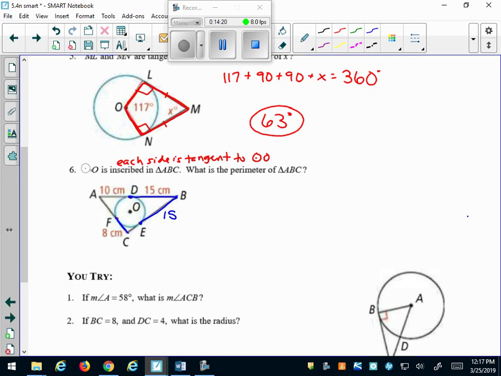F to C is the same distance as C to E, so we can label that 8. And then A to D is the same distance as A to F, right? So if I mark congruences, it's going to look like this. So now we can get the perimeter just by adding up all the sides.